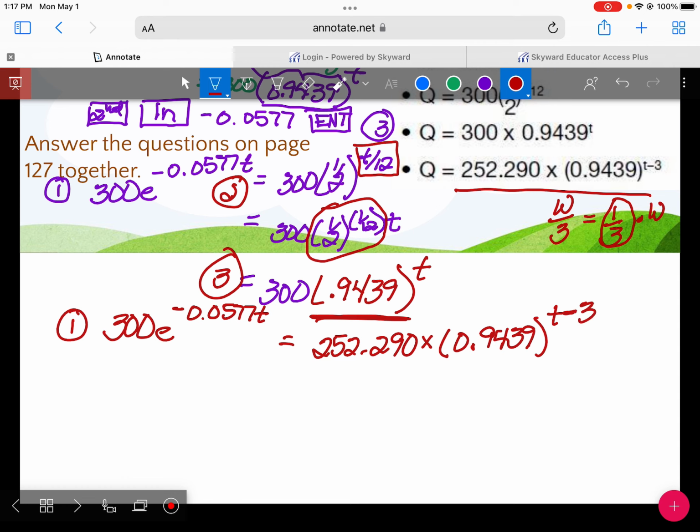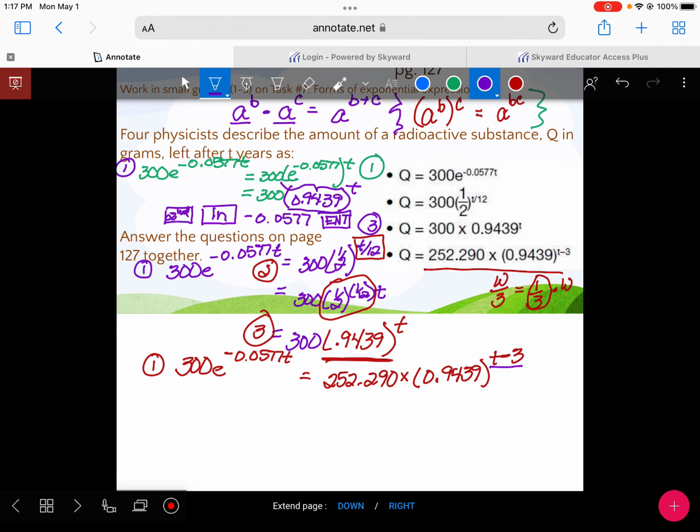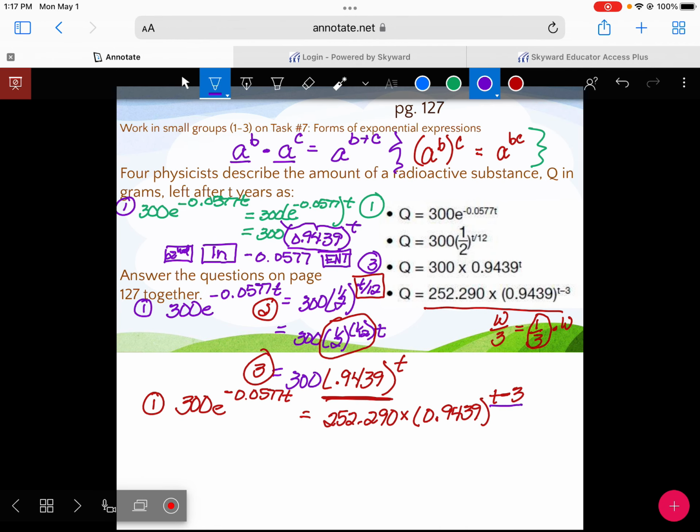Now, take a look at this exponent, Martavius. Take a look at this exponent, t minus 3. If I am subtracting those, what does that mean? How could I rewrite that? Because we just said over here, if we're multiplying powers, we add them. So if I'm subtracting, what operation do you think I could be doing with those?